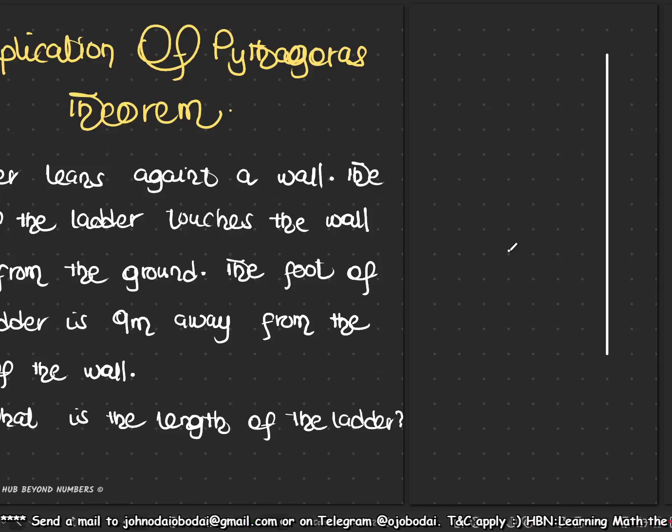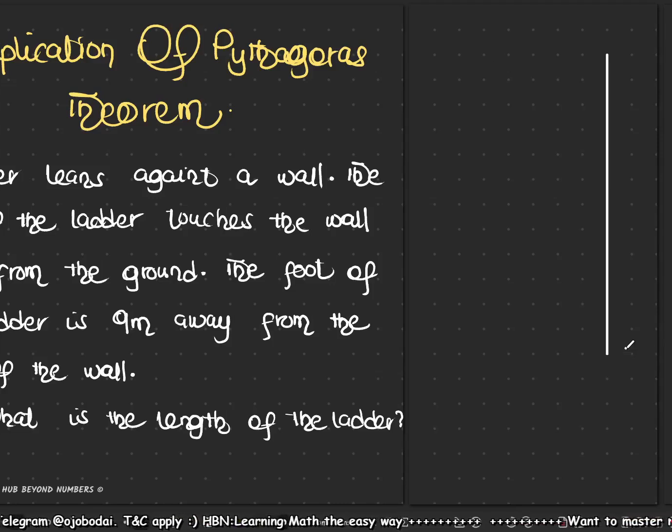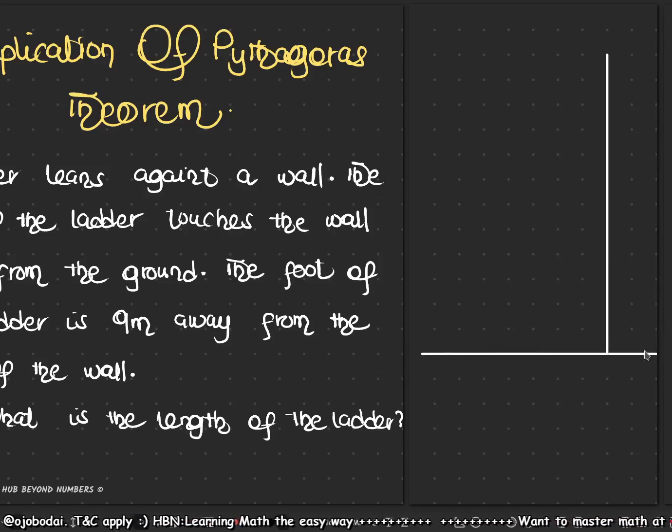And I'm being told that the end of the ladder touches the wall 12 meters from the ground. So if this here is my ground, then 12 meters from the ground, the ladder touches the wall.